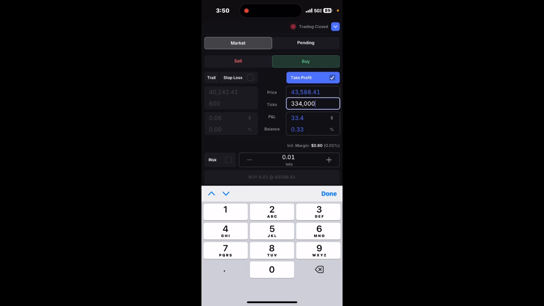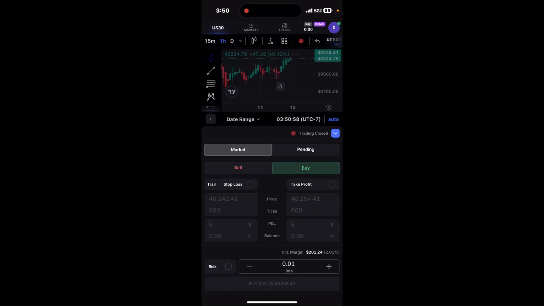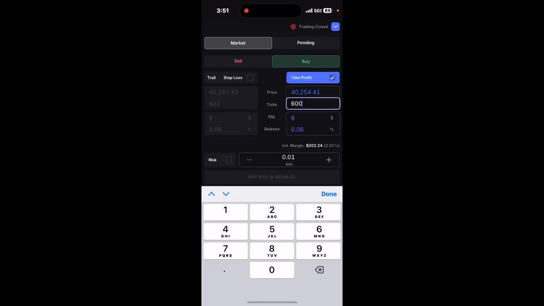Okay, 334,000 ticks. Let's see how much that will make you on the regular US30. Keep in mind that when you do it on US30, it moves much faster, so there's a lot of volatility when it comes to this. 334,000 ticks on the regular US30 would make you $3,340.